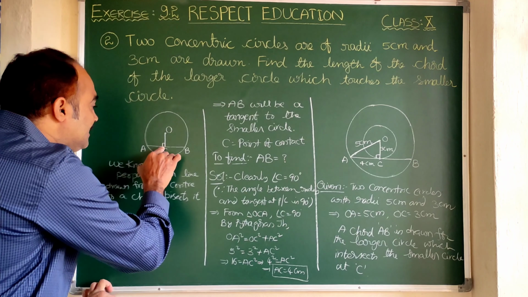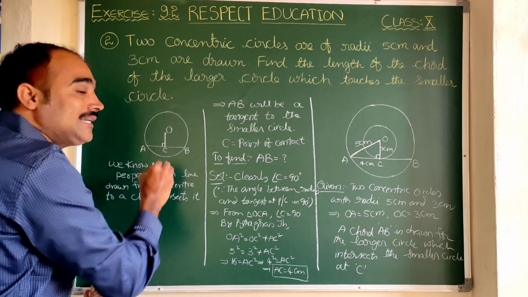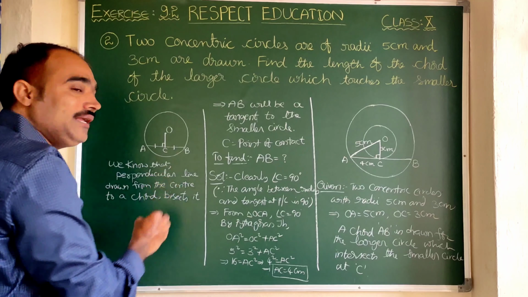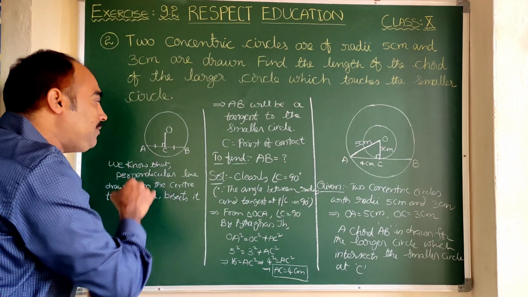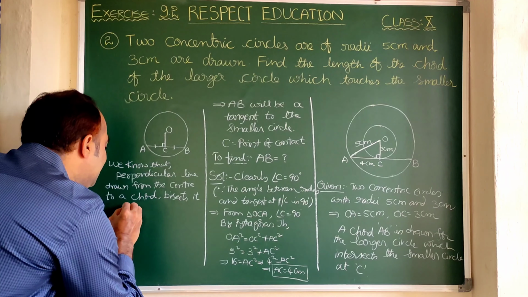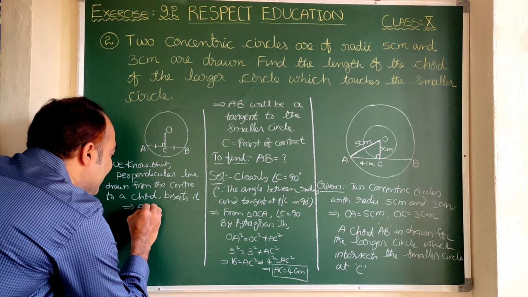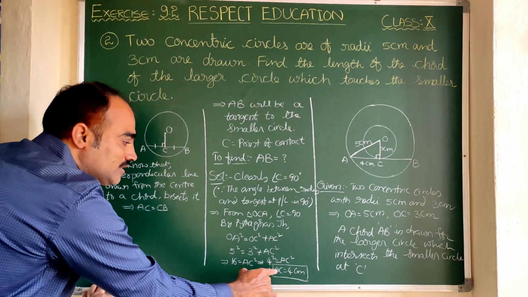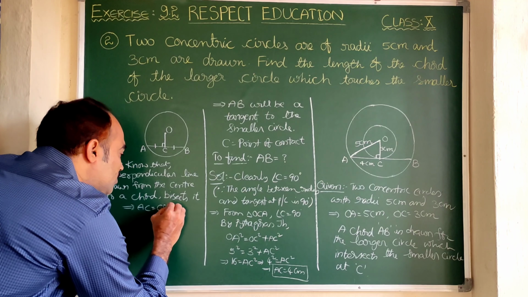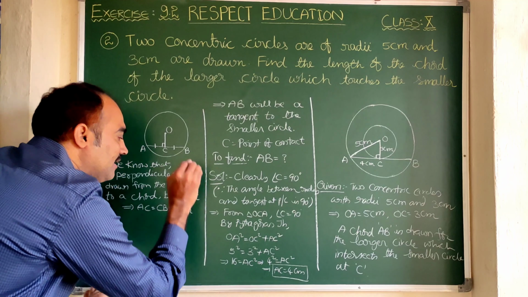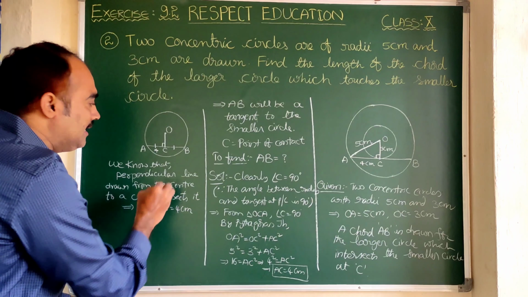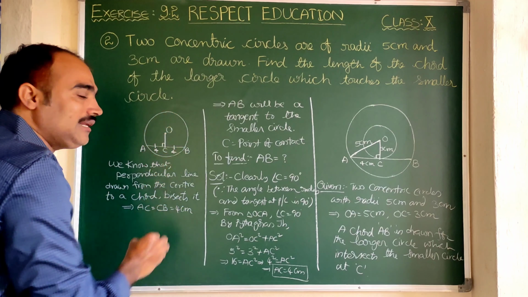That means this point is the bisecting point, in which we can say AC is equal to CB. Bisecting means what? That is the midpoint. So AC is equal to CB. But already you know AC is 4 centimeter, so CB also will be 4 centimeter. Clear? So I am writing AC as 4 centimeter, CB is also 4 centimeter.